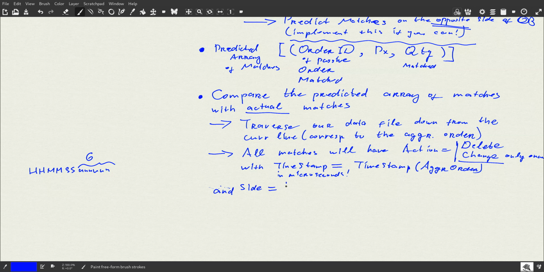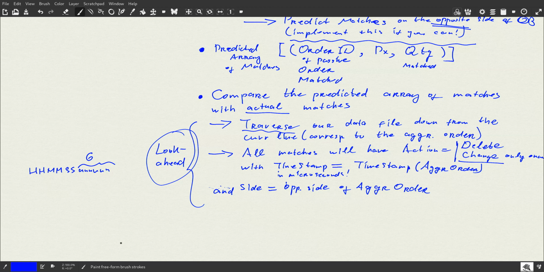When I say traverse, it means look ahead. There is a main traversal of your data file, of your sequence of orders.